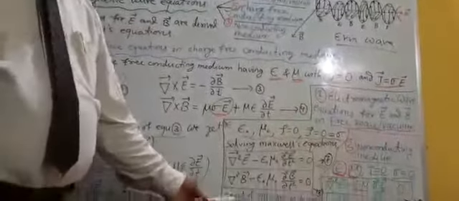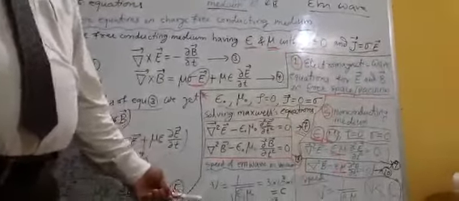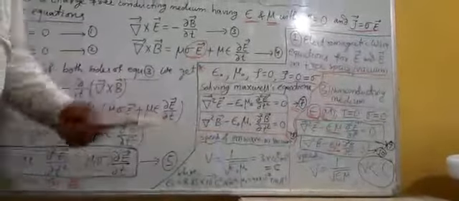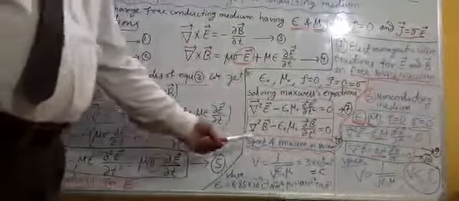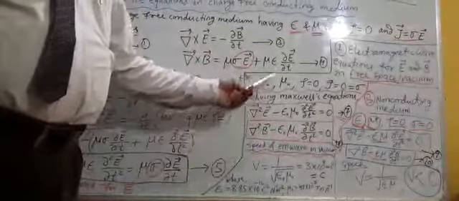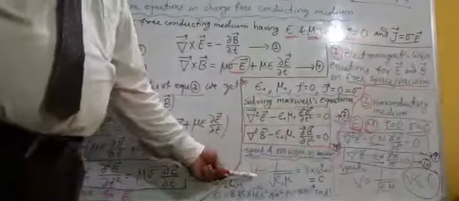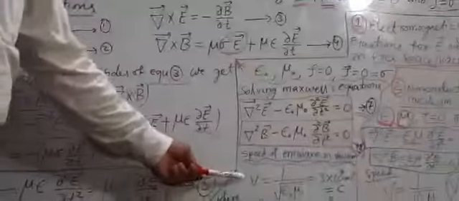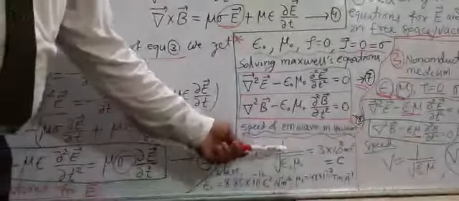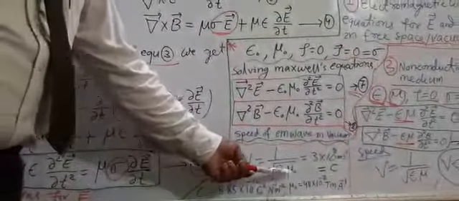Then come to the problem part. Only one problem is there: the speed of electromagnetic wave in vacuum. It is the only problem in this topic. You have to find the speed of the electromagnetic wave in vacuum, for the free space case. For the free space case, the speed is 1 by root of epsilon naught mu naught.